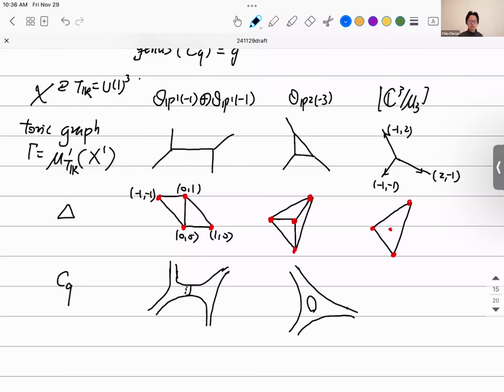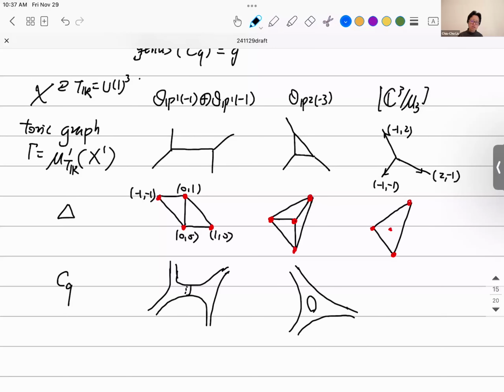And dually, the fan picture, if you intersect the fan with the level 1 hyperplane, you get this dual picture. So now you see that the polytope in this case is a triangle.